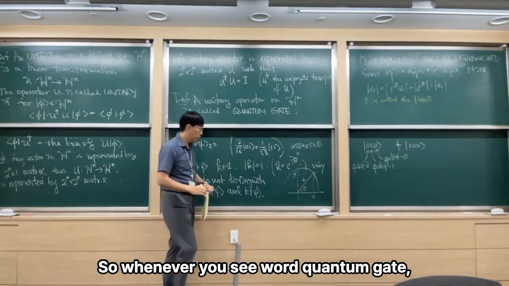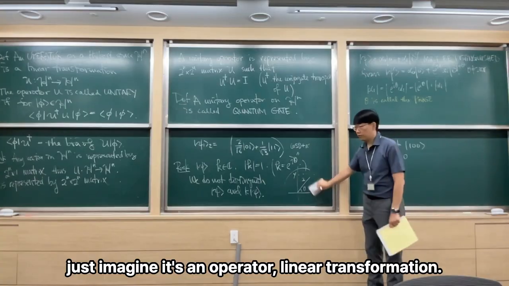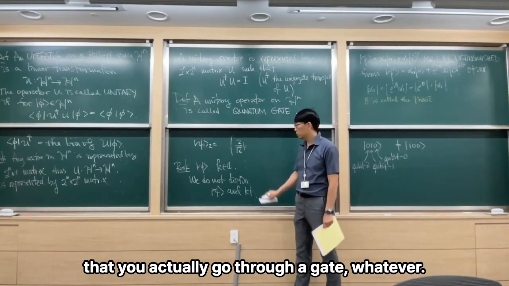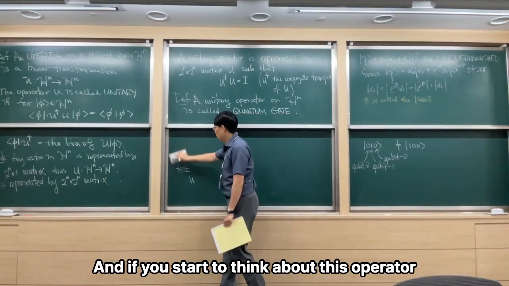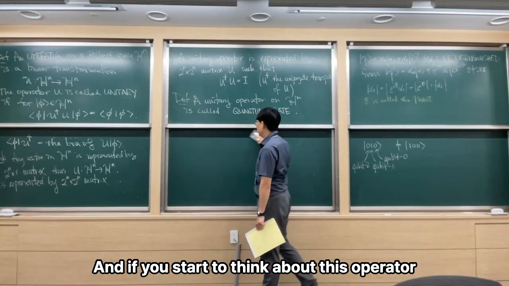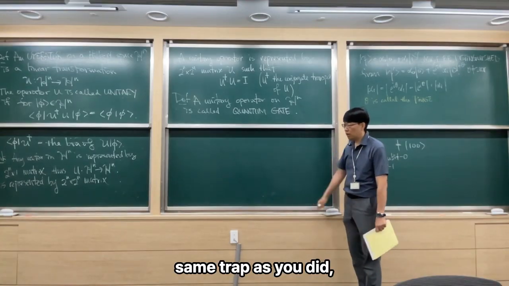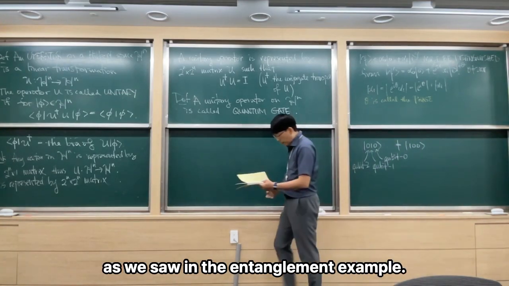So whenever you see the word quantum gate, just imagine it's an operator, a linear transformation. It's not a fancy thing that you actually go through a gate, whatever. It's not like that. It's just an operator. And if you start to think about this operator as a physical thing, you get into a trap, the same trap as we saw in the entanglement example.